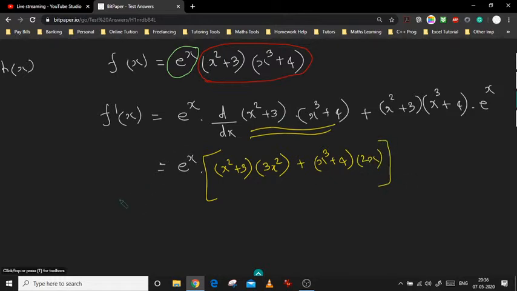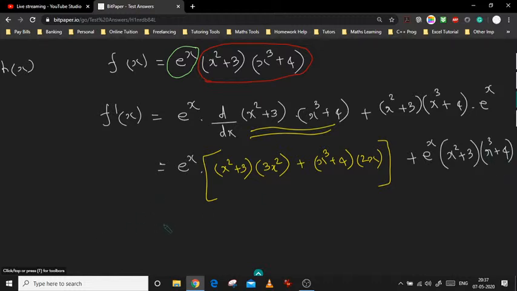So this differentiation of the second function is done. Now added with, there is nothing we could do here, we just write it down as it is: e power x into x squared plus 3 and x cube plus 4.